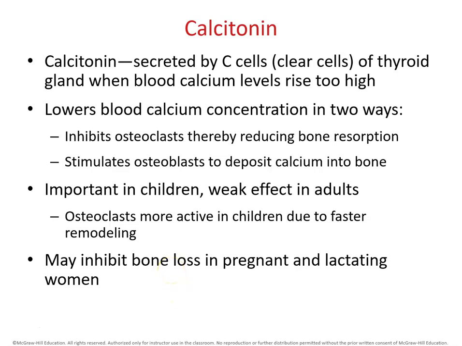So we talked about calcitriol or vitamin D. Now we're talking about calcitonin. Calcitonin is secreted by the thyroid gland, which is kind of in the front of your throat around your windpipe. It's secreted when calcium levels get too high in the blood, and it lowers calcium in the blood by inhibiting the osteoclasts and by stimulating the osteoblasts.